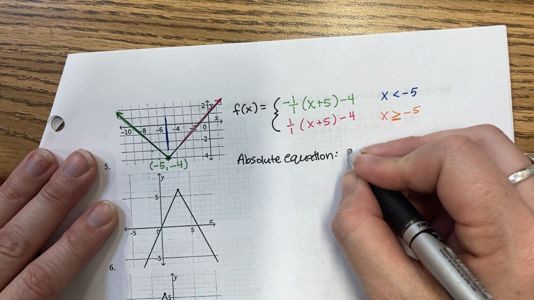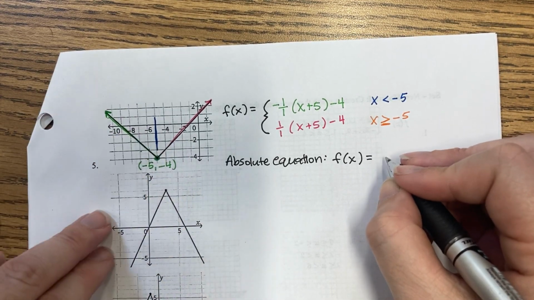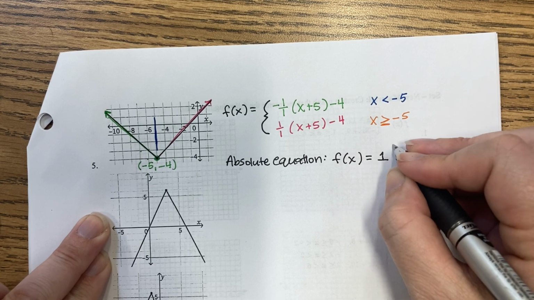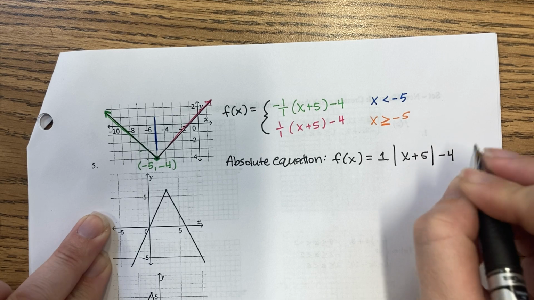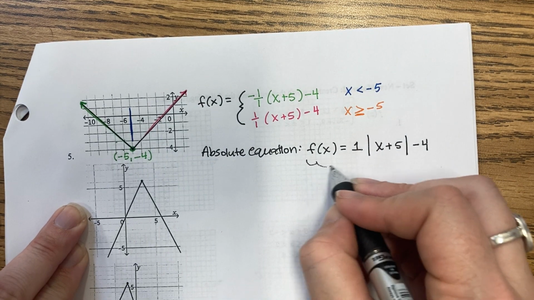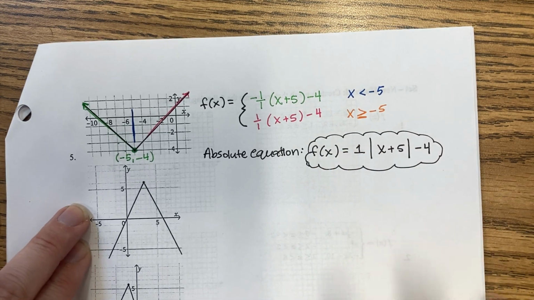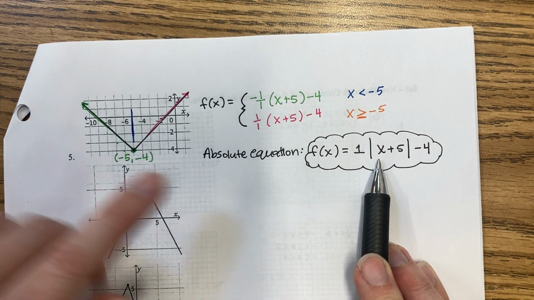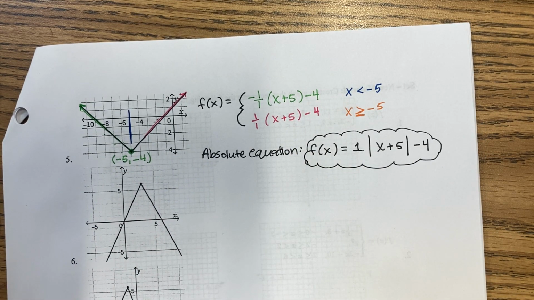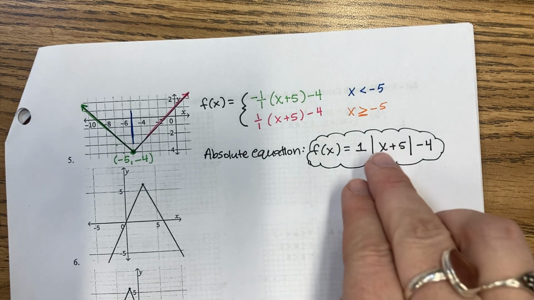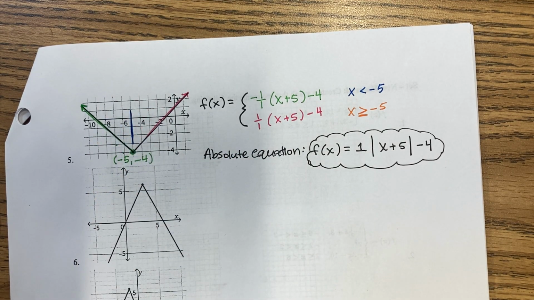I would write that f of x equals, my V shape is opening up, absolute value of x plus 5, minus 4. So sometimes it's easier to write it as an absolute value rather than a piecewise. Both of these are just different ways to represent this one graph.